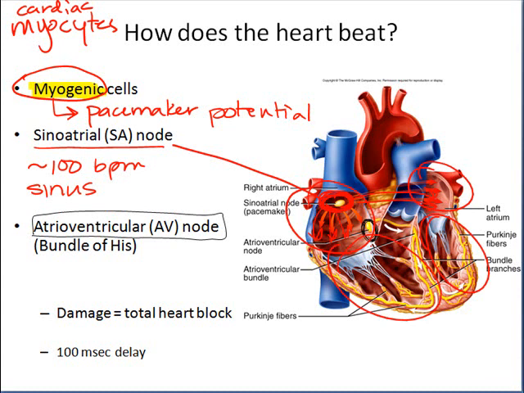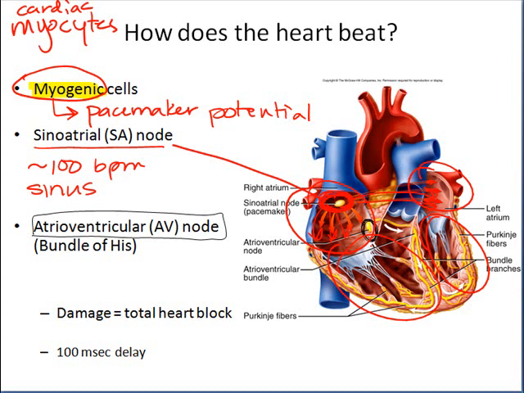When the atria contract, they are contracting to dump blood into the ventricles. If the ventricles contracted at the same moment, the atria wouldn't be able to squeeze the blood anywhere. So it's really important that we allow the atria to contract first and delay for just a few milliseconds the contraction of the ventricles, so that it happens after the blood has been squeezed from the atria into the ventricles.